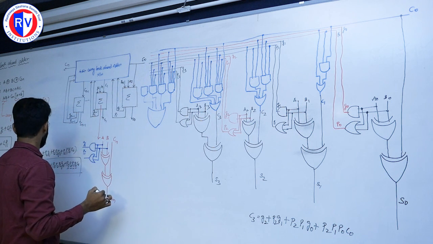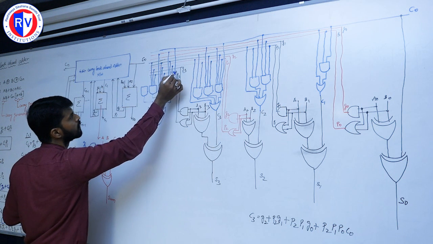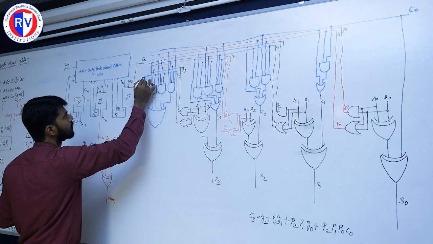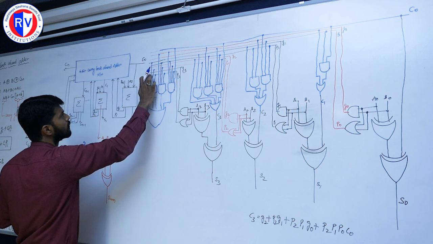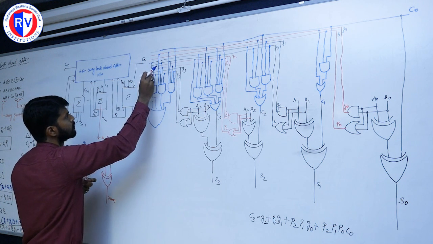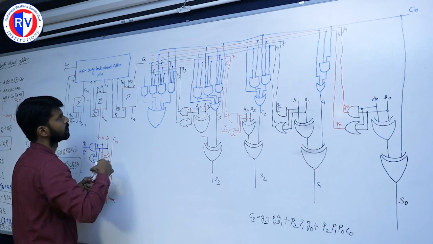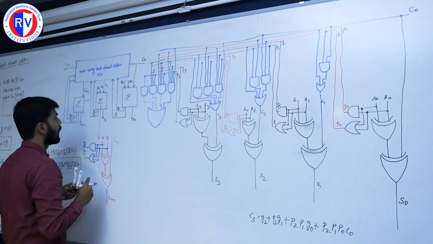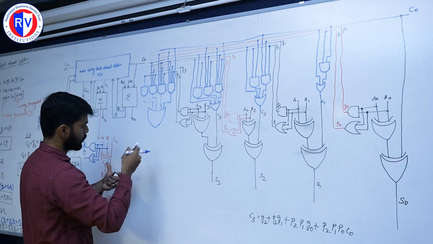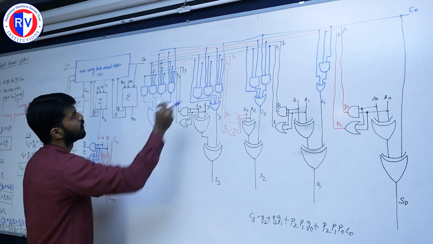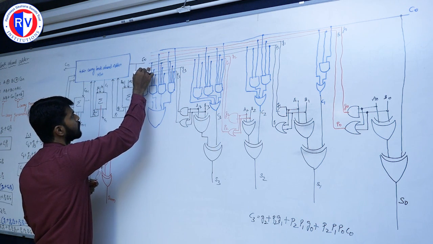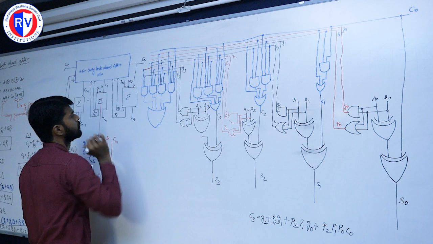The last one, P3, this gets connected over here. P3 and G2. So where is the G2? So G2 is the one here. So the G2 gets extended over here, and this will get connected over here.